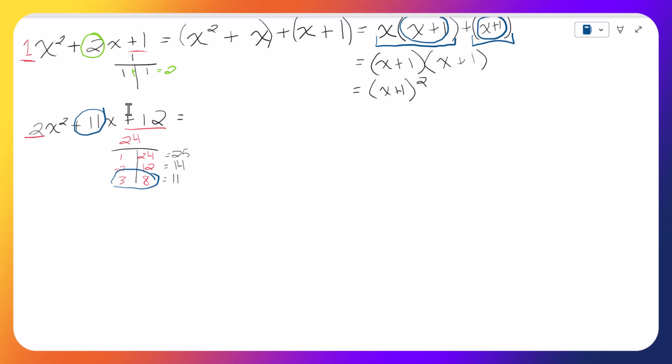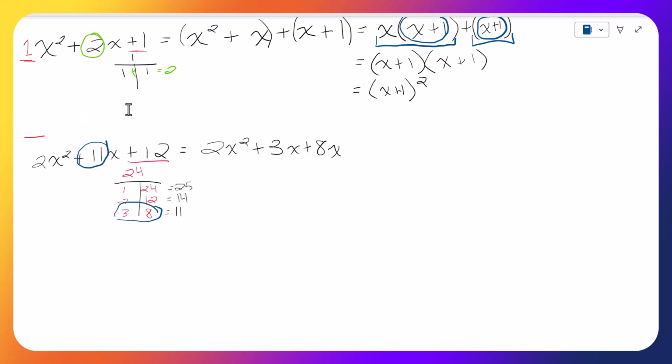And again, doing it by grouping, we're going to end up with 2x squared plus 3x plus 8x. Let me actually bring this down a little bit because we're about to run into the other problem.